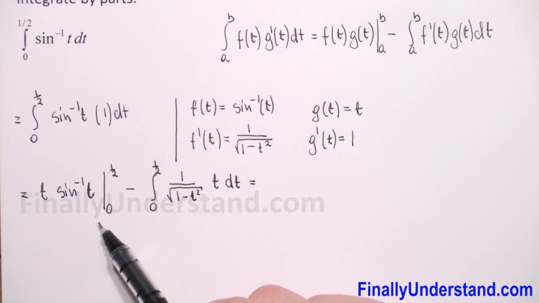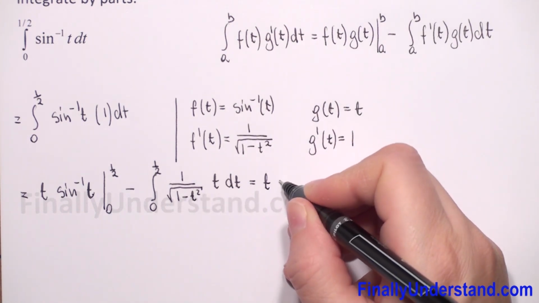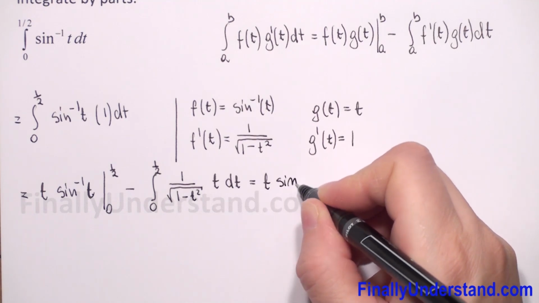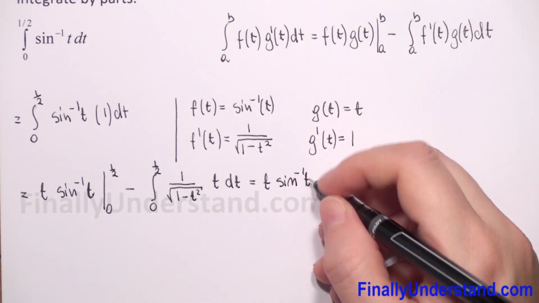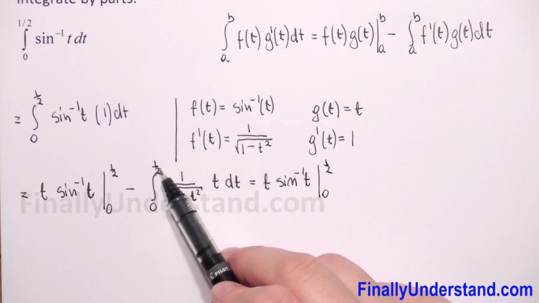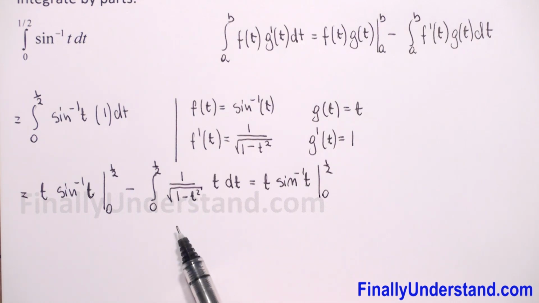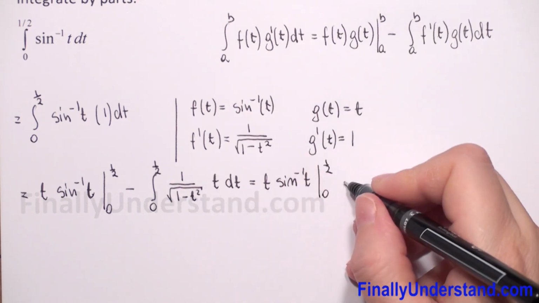We can copy the first expression, so we have t times inverse sine of t, limits from 0 to 1/2, and to solve the second integral we will use the substitution method. Let me rewrite this.